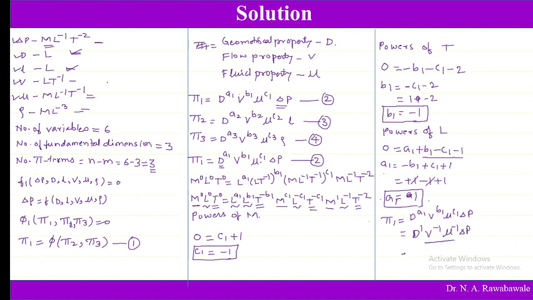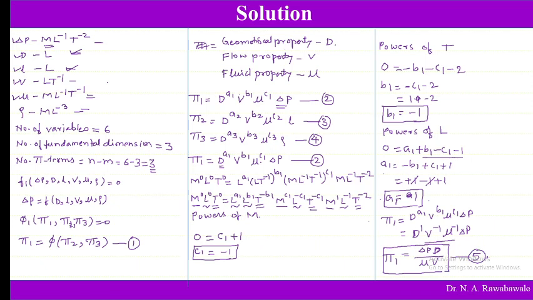So we can write it as delta p into d divided by mu v is the pi1 term. We get pi1 term as delta p d divided by mu v, this first pi term. So we call this equation number 5.